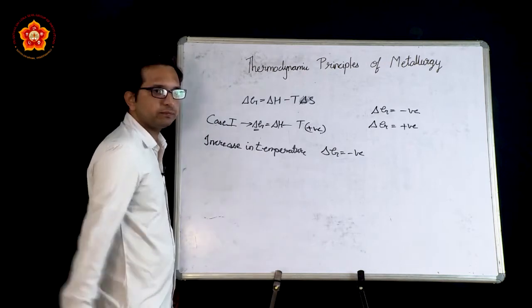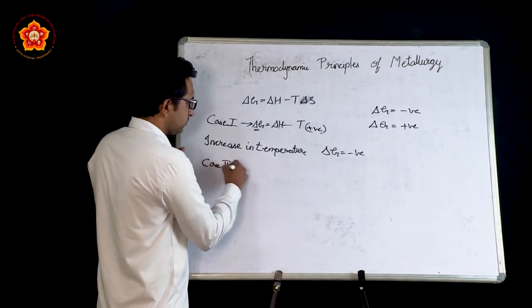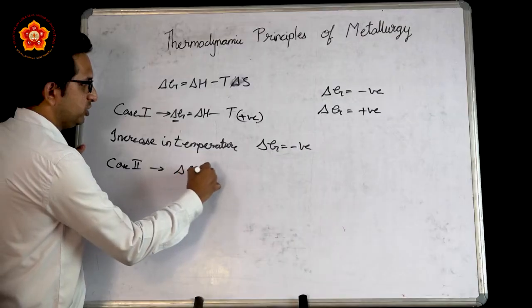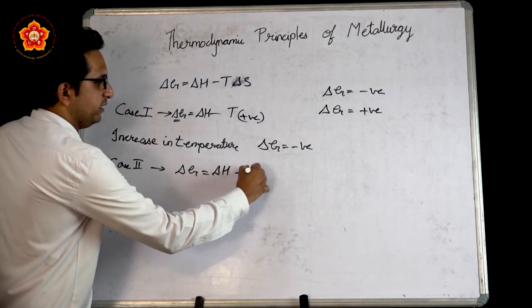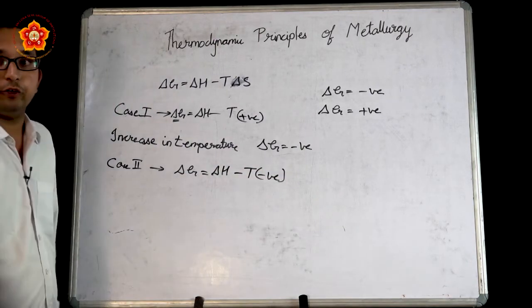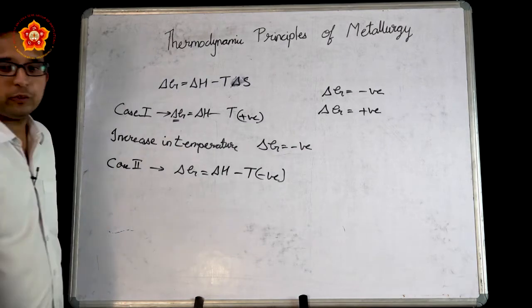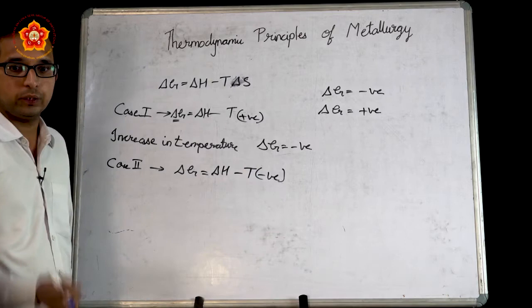Now let us take up another case, that is case 2. Supposing delta G is equal to delta H minus T, and let me consider my entropy to be negative. Now again, by mathematical formulations, we are aware that minus into minus happens to be plus.